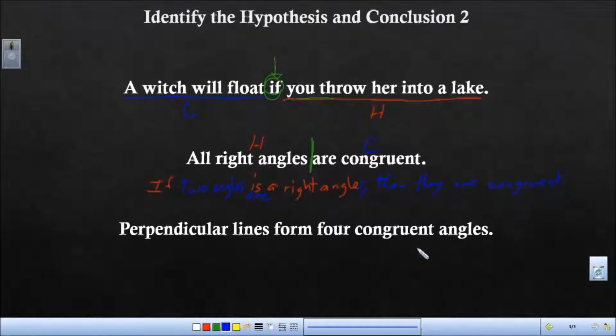Perpendicular lines form 4 congruent angles. Again, we're splitting it on the verb. So we have perpendicular lines. Well, what does it take to have perpendicular lines? We have two lines are perpendicular.